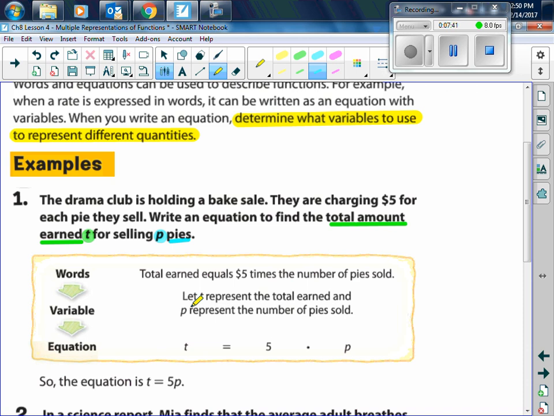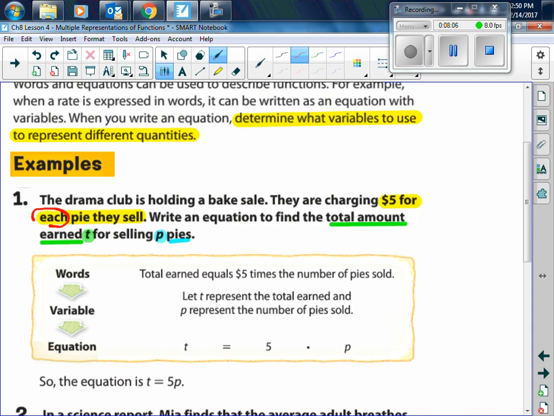Now if we go back to our word problem, it says they are charging $5 for each pie that they sell. So, in this yellow highlighted part, $5 for each pie they sell, what word tells me the operation? Very good.